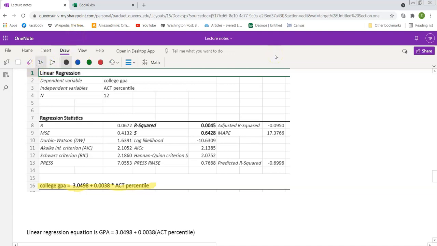So college GPA is our Y. And 3.0498 is B naught. Plus, and then 0.0038 is our B1. And then ACT percentile is X. Okay, so that's our regression equation.